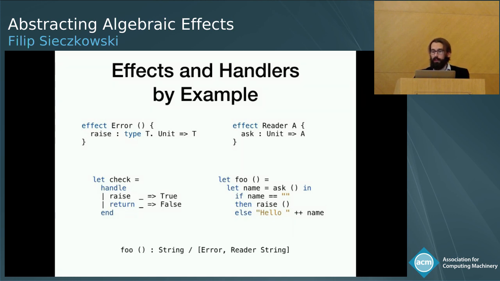So these usually come with type and effect systems, again, like what Yizhou talked about before. So in this case, we can say that if we apply foo to unit, we get something of a string type with an effect annotation that says what effects can be raised by this particular computation. In this case, error and the reader with a return type of string.